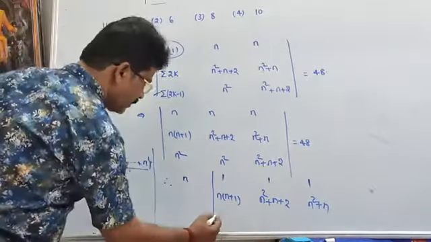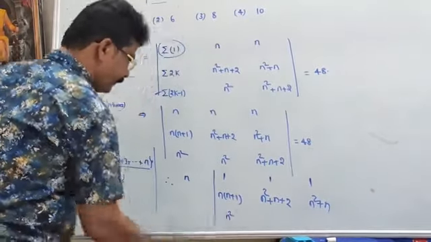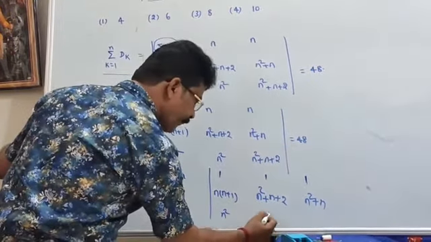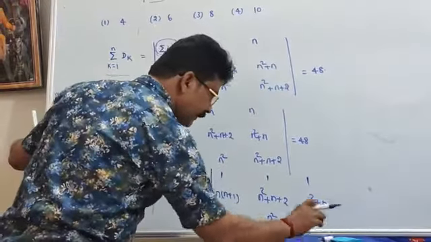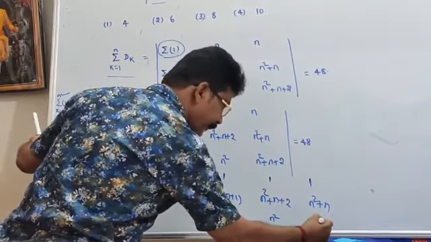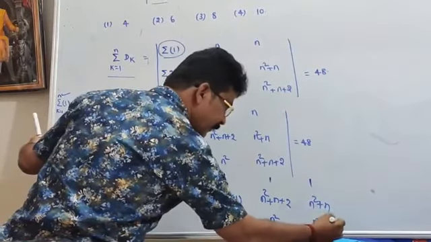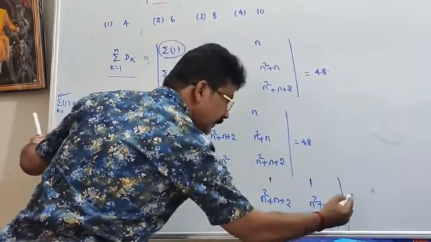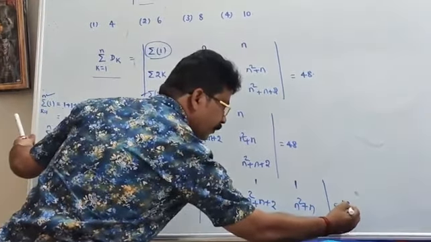Next, here also no common factor, n square. Next, n square plus n square plus n plus 2, that is equal to 48.